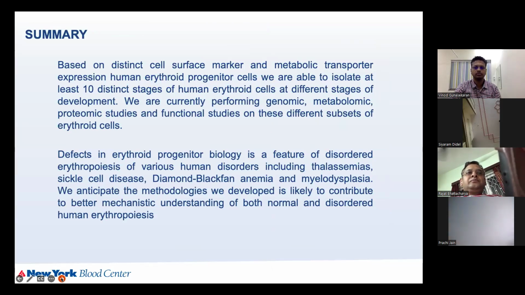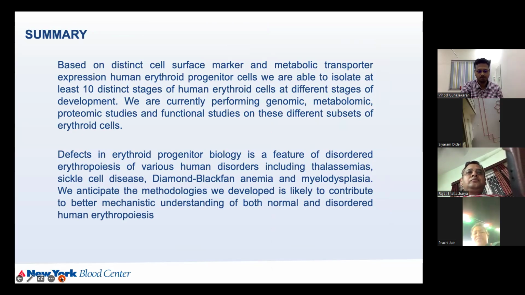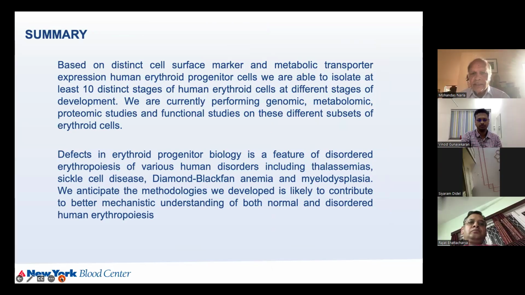So basically, in summarizing, based on distinct cell surface markers and metabolic transporter expression of human erythroid cells, we are able to isolate at least 10 distinct stages of human erythroid cells at different stages of development. We are currently performing genomic and metabolomic studies on these different subsets of erythroid cells to understand in more detail the biology of these cells.